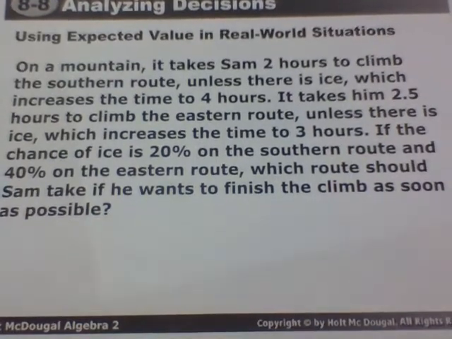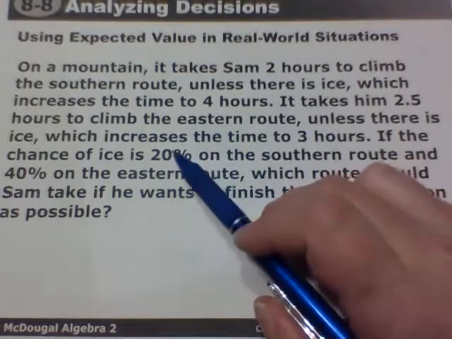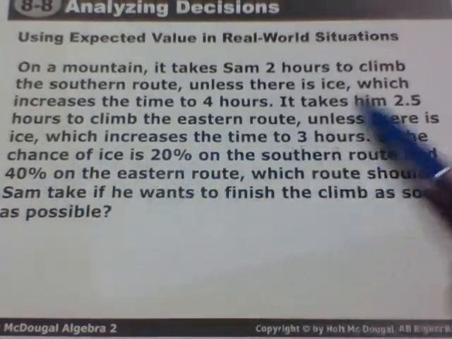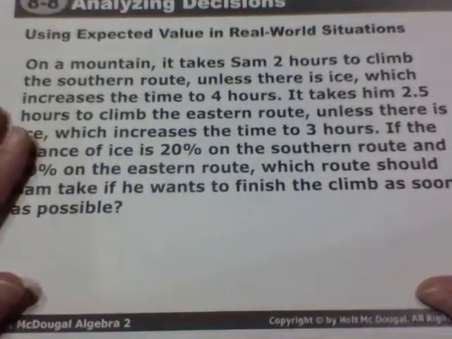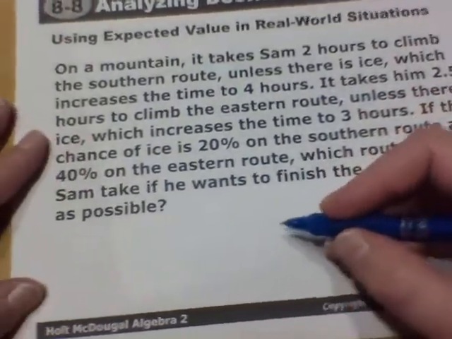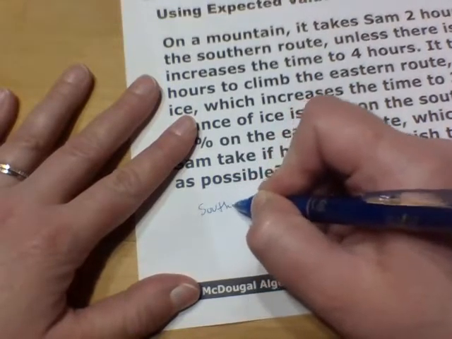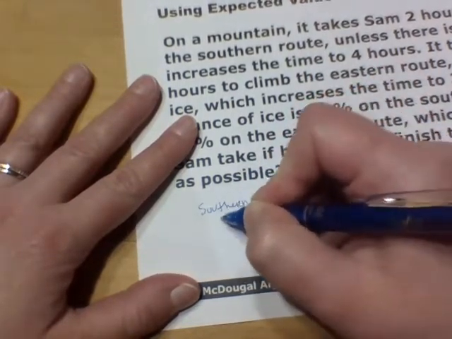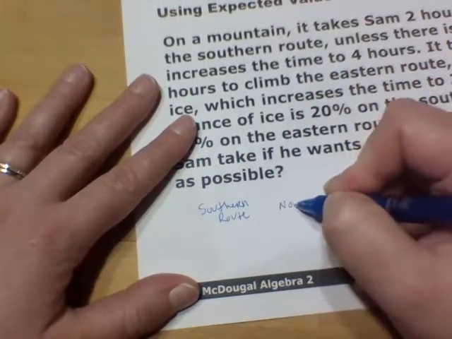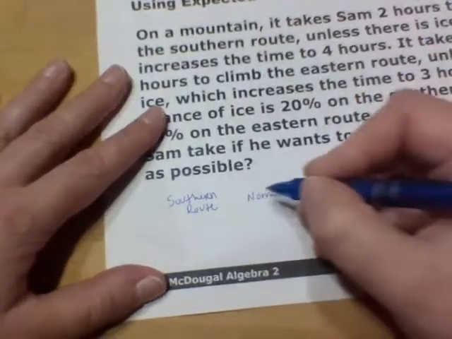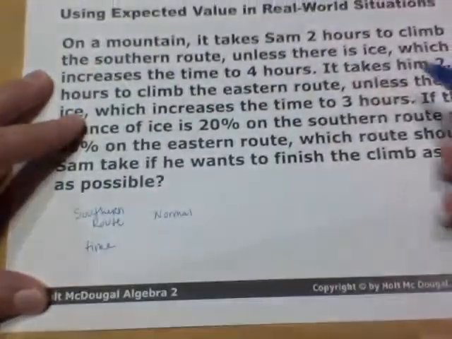So, the idea in this is that we are going to use expected values, so we'll end up multiplying some probabilities by each of these outcomes that might happen. Okay, so it'll help if we make a table to talk about what's happening here. So we've got a southern route. In normal conditions, it's going to take 2 hours.